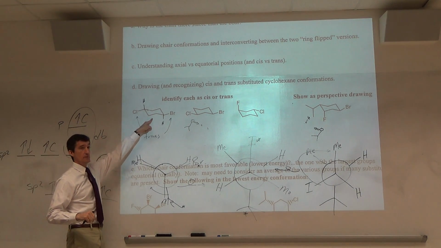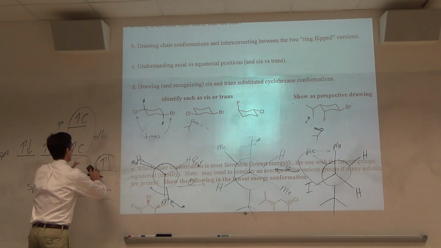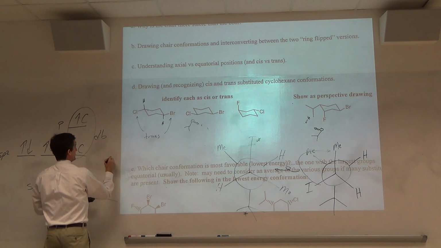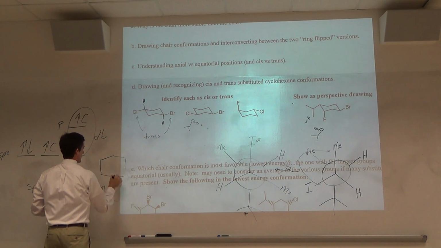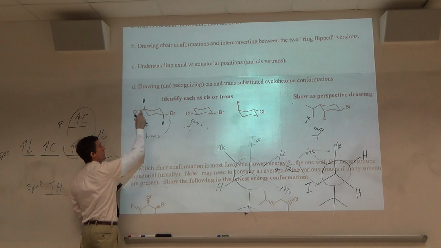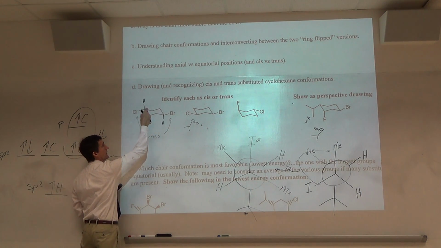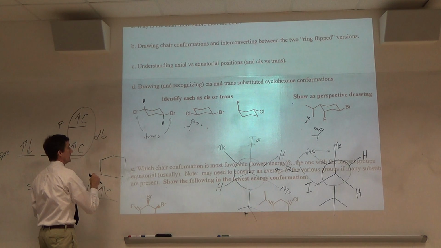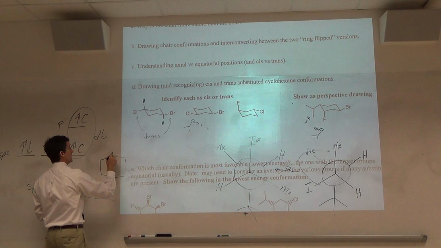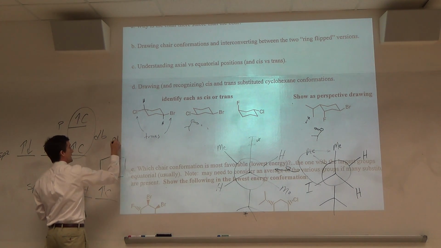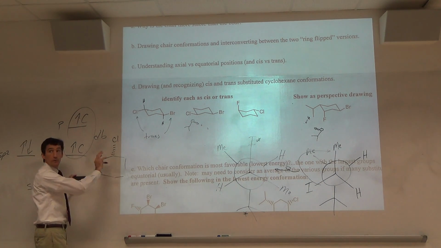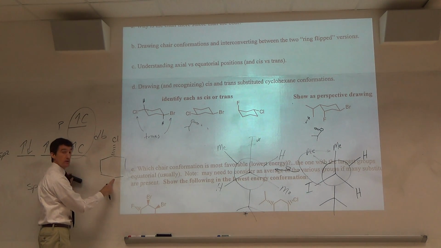Now, if we were to draw that in a perspective drawing, it would be trans, and it would look like, well, first off, the halides are in what relative positions? 1, 4. Okay? So if I put the chlorine there, here we need to show dashed and bold. Where am I going to put the bromine? Here, right?